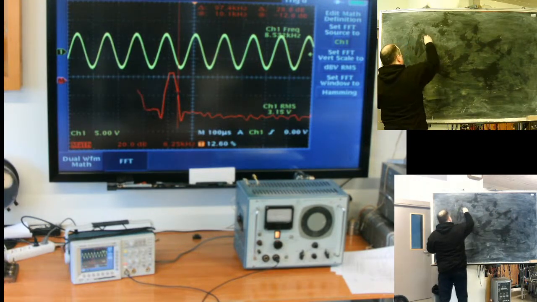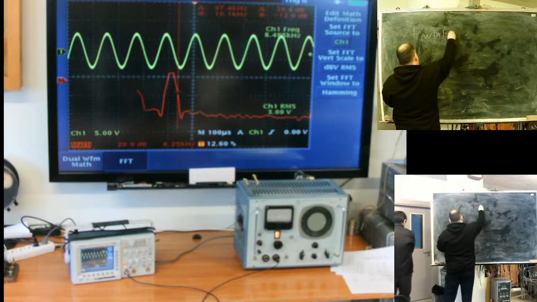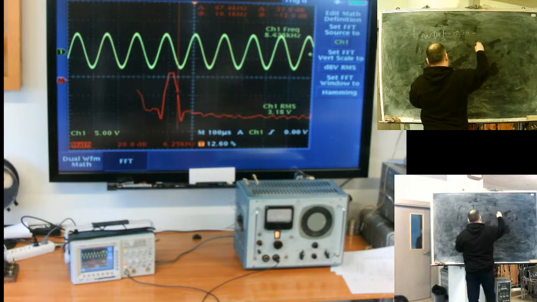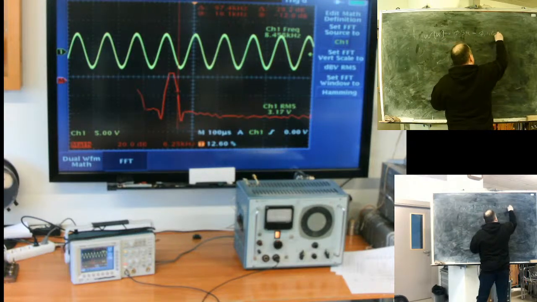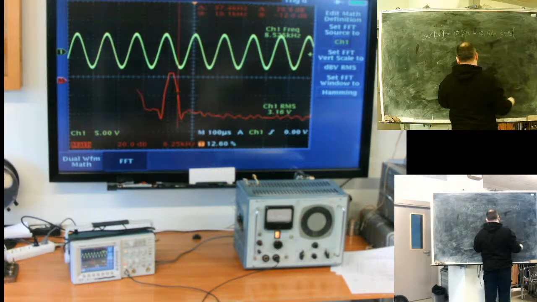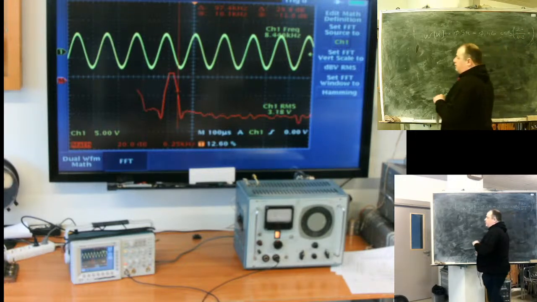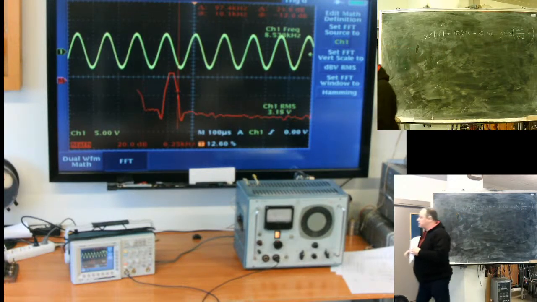For Hamming, I have 0.54 minus 0.46 cosine of double pi n divided by N minus 1. I have this windowing function.